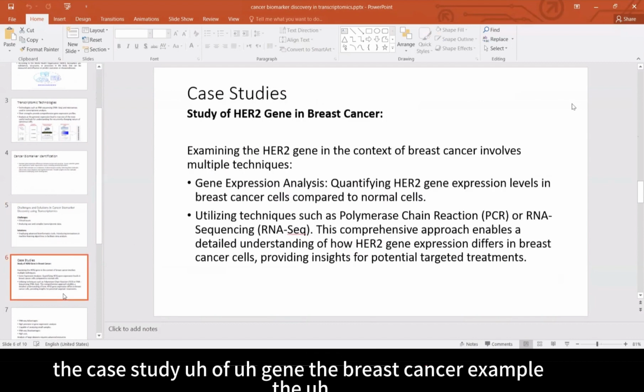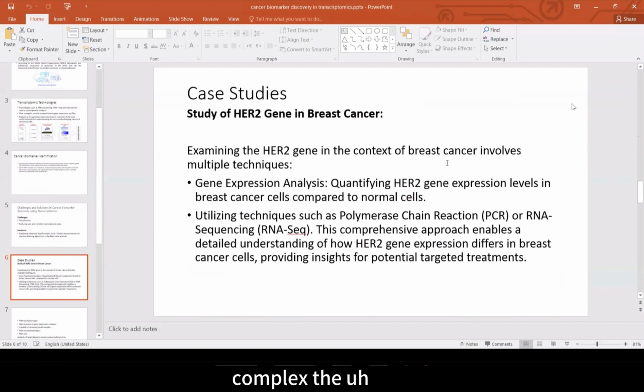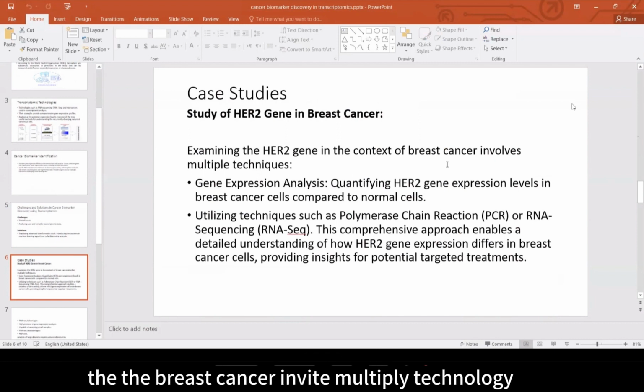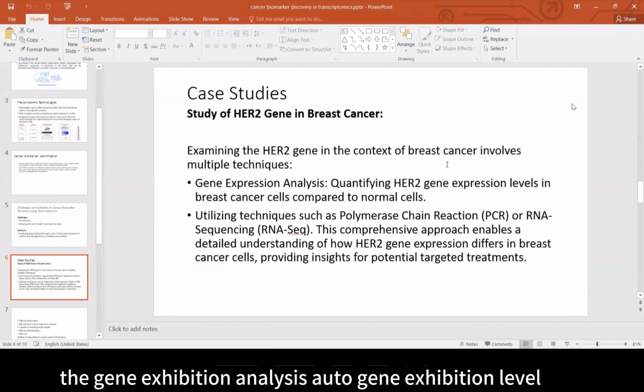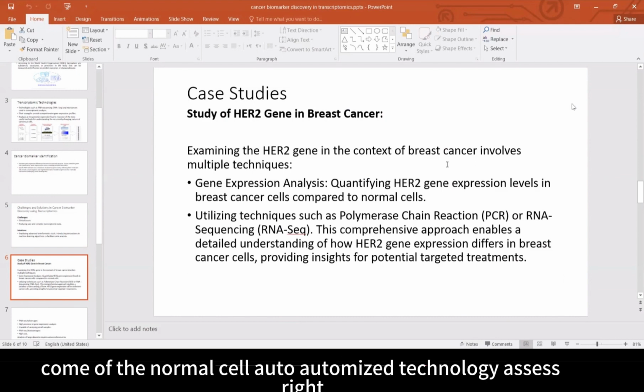Okay, the case study of the HER2 gene, a breast cancer example. Breast cancer involves multiple technologies for gene expression analysis, comparing gene expression levels in breast cancer cells with normal cells.